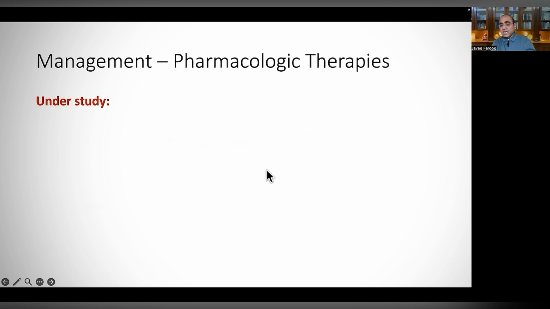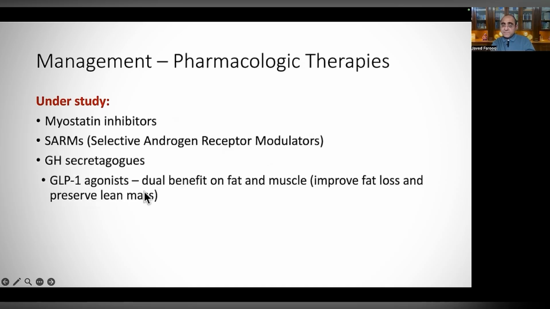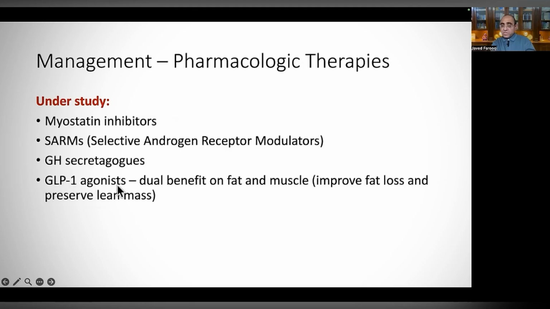Similarly, the drugs under study are myostatin inhibitors, selective androgen receptor modulators, SARMs, growth hormone secretagogues, and GLP-1 agonists, with dual benefit on fat and muscle. They improve fat loss and preserve lean mass.